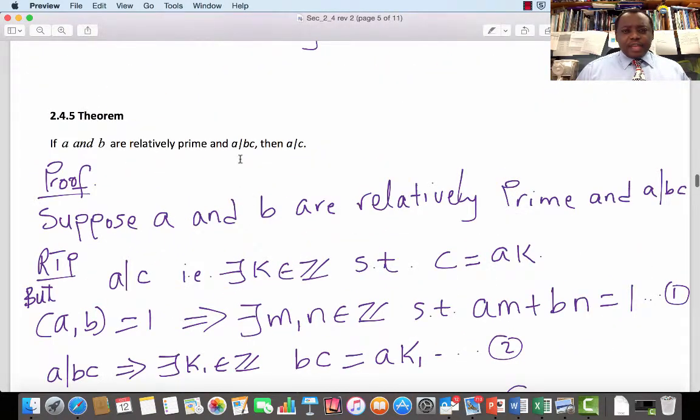Again, if a and b are relatively prime and a divides b times c, then a must divide c. We shall use this theorem to prove another theorem that comes up really soon. So do not forget this theorem.